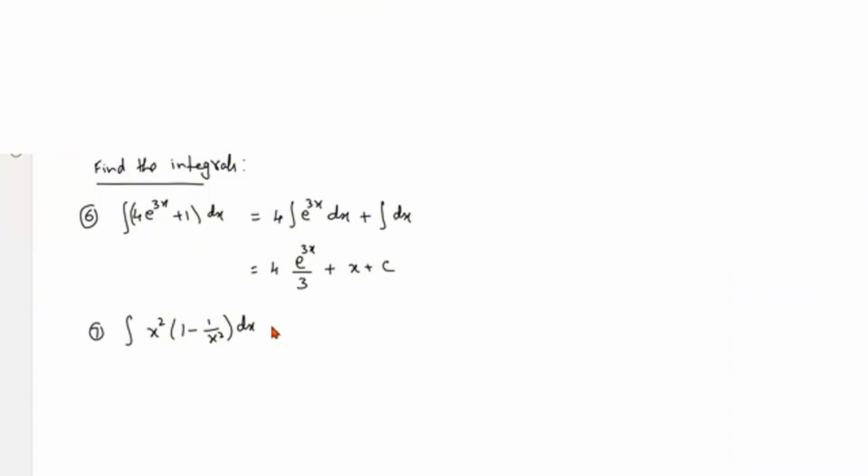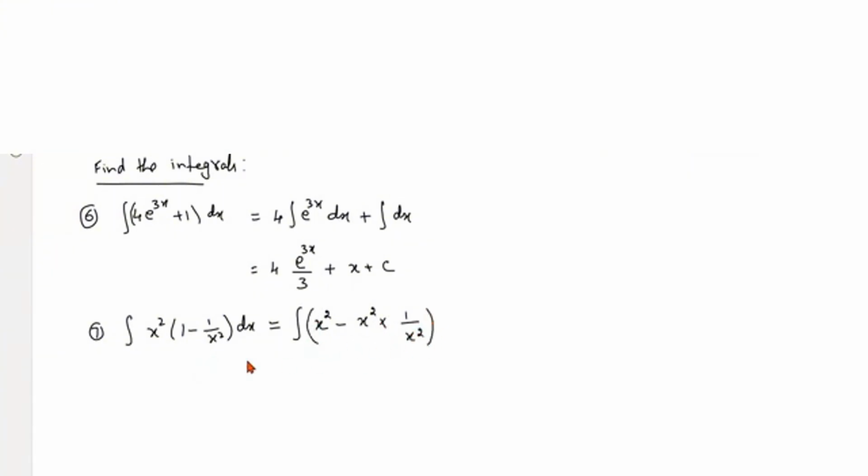So this will be equal to the integral of, let us multiply this x square into 1, which will become x square, minus, again this x square has to be multiplied inside, x square into this 1 by x square. The multiplication is over.